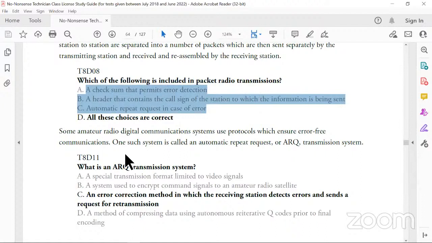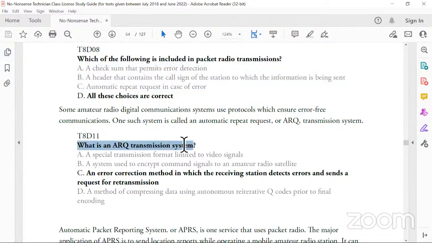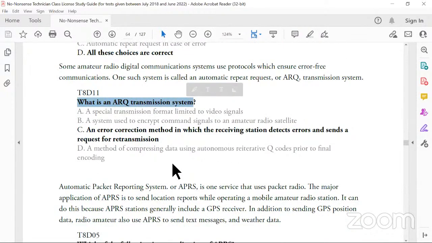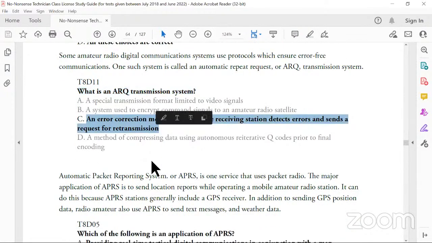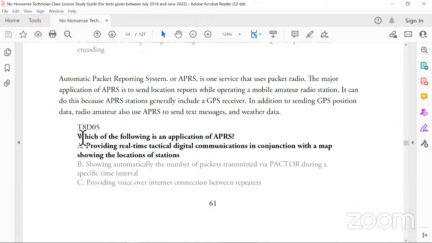And also ARQ, or automatic repeat request, is there to do error correction, right? Next question, what is an ARQ transmission system? Well, we defined it as an error correction method in which the receiving station detects the error and sends a request for retransmission. That's what ARQ is.